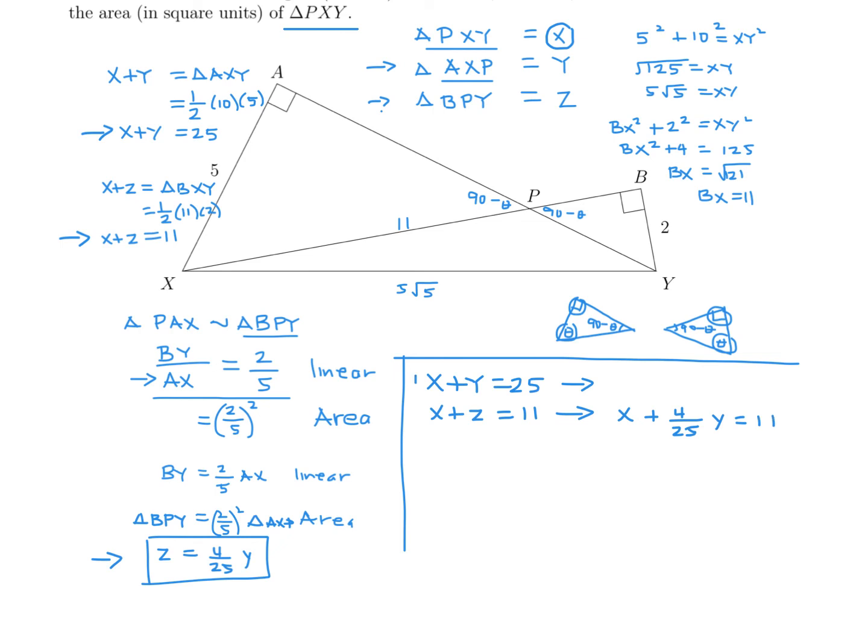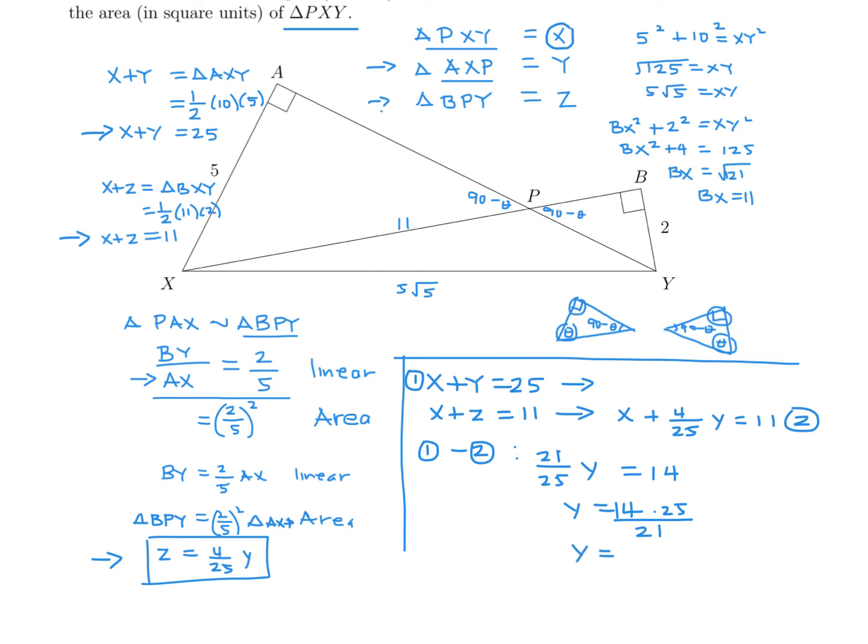And now this equation I'll call 1, and this equation I'll call 2. If we just use 1 minus 2, we can solve this pretty quickly. So 1 minus 2 would give me Y minus 4/25 Y, so 21/25 Y. And then 25 minus 11, which is 14. Okay, so that means Y is equal to 14 times 25 all over 21.